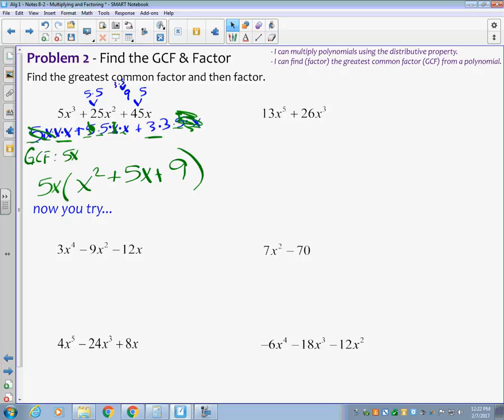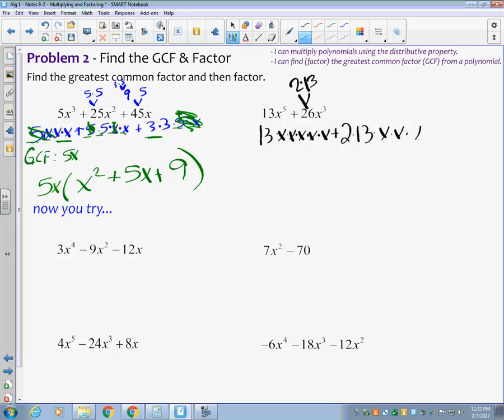All right, so let's take a peek at this next one. We got 13 and we got 5 x's. 26 is 2 times 13. And we have 3 x's.